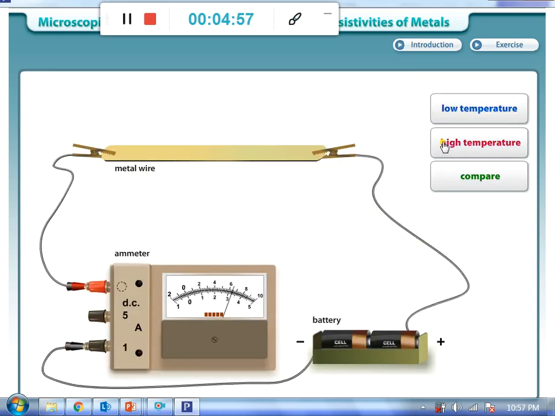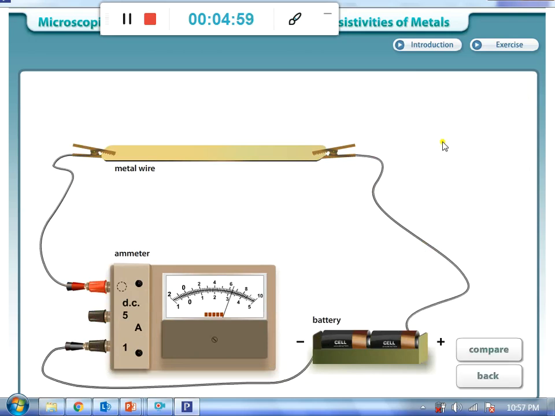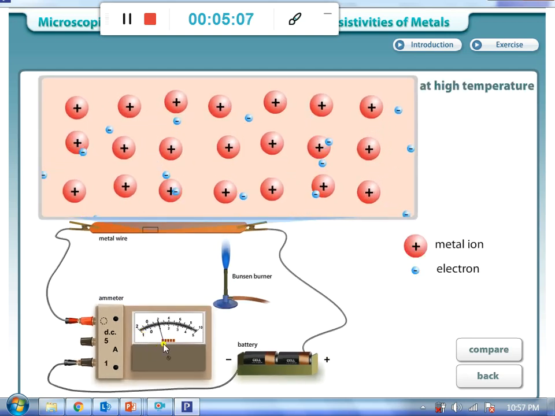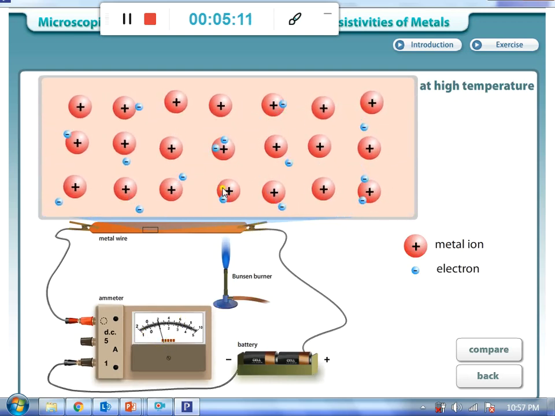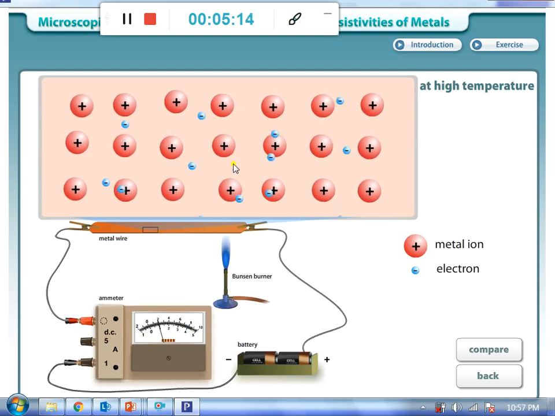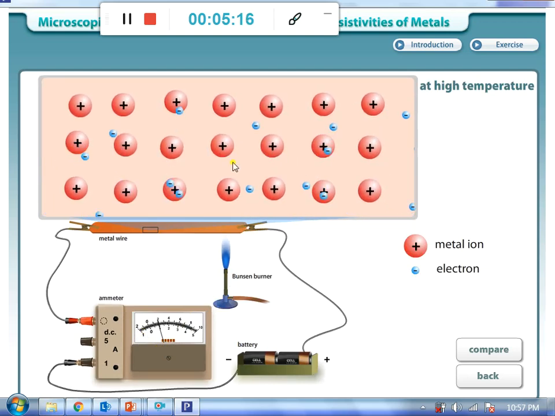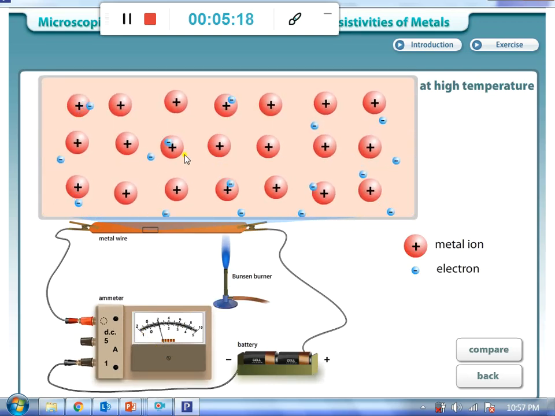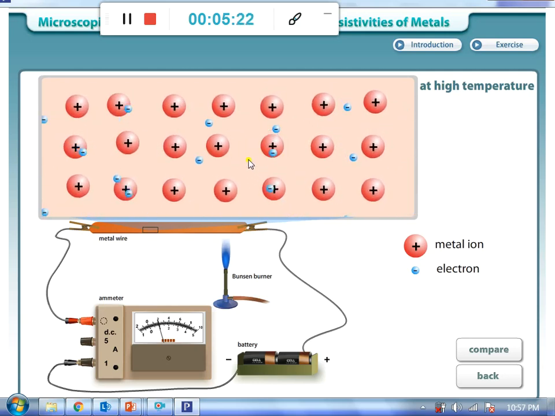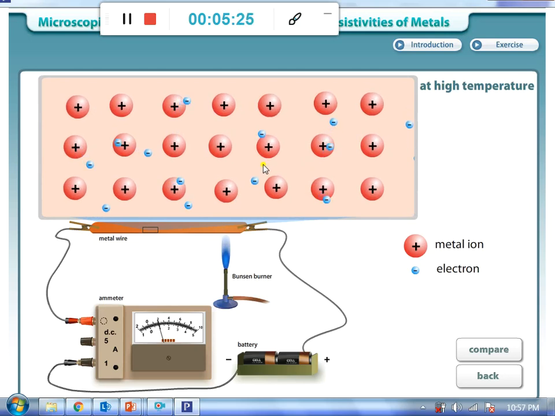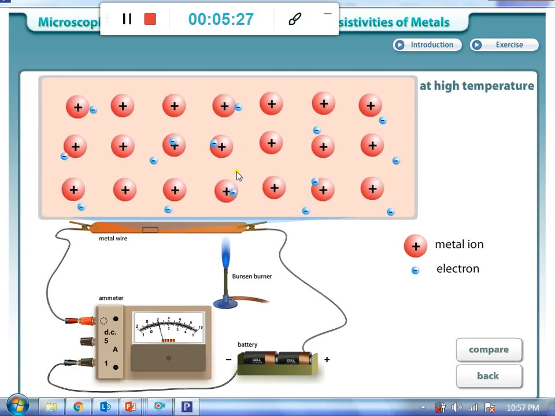How about high temperature? You burn it. You can see that the emitter will be smaller than before, because when you burn it, the atoms will vibrate like this, and then the electron sea will find it more difficult to flow through, because of the collisions between them.